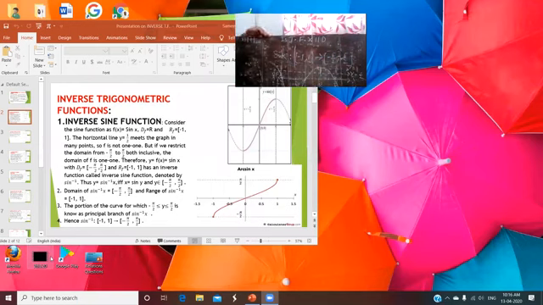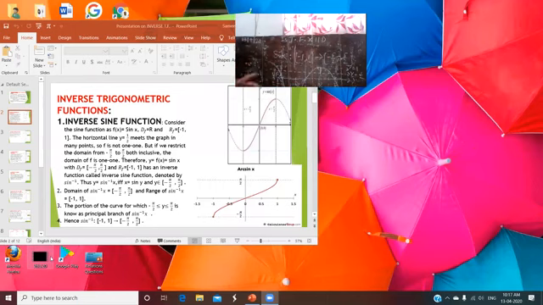The domain in which sine is 1-1 is the range of sine inverse, and the range of sine, which is minus 1 to 1, becomes the domain of sine inverse.